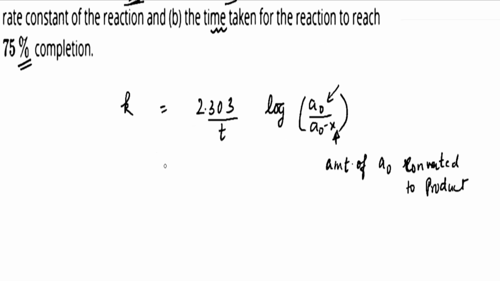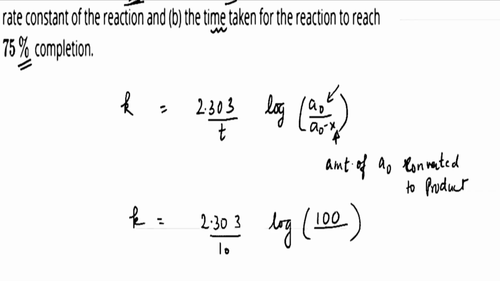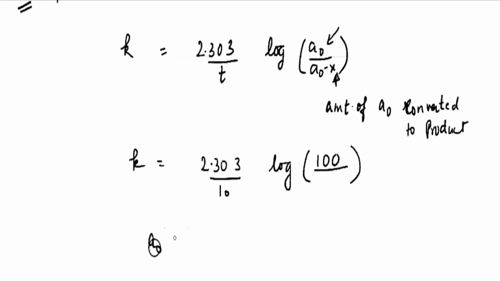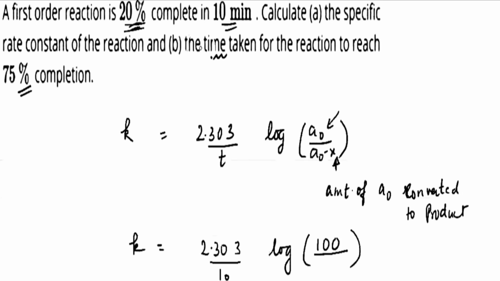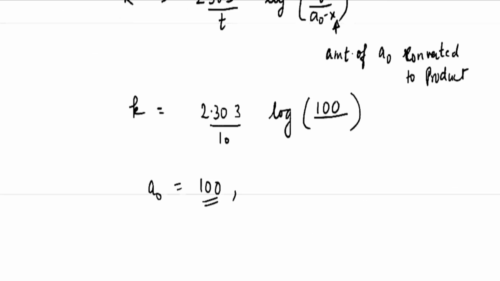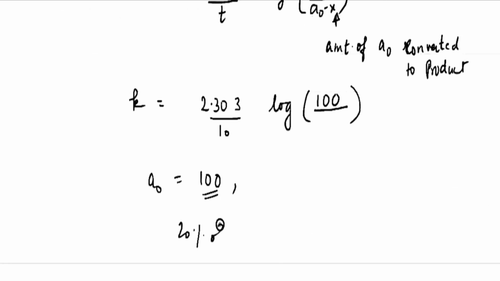So the time is 10 minutes and let us assume that the initial concentration of reactant is 100. If 20% reaction is complete, that means 20% of A0 is converted to product.